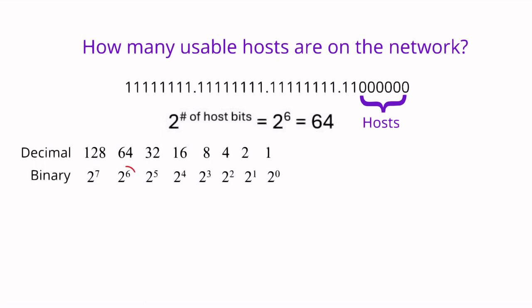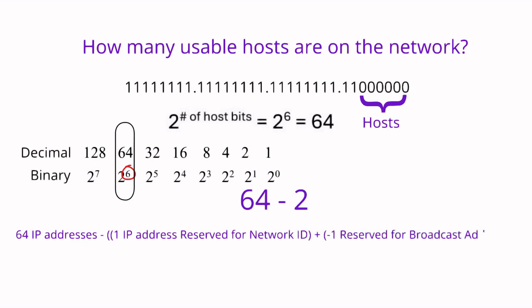So in our case, it's 2 to the 6, which according to our chart is 64. Then we would subtract 2 from that. Why 2? Because one of those IP addresses is our broadcast address, and one is for our network address. So therefore, 64 minus 2 is 62. We have 62 usable hosts.